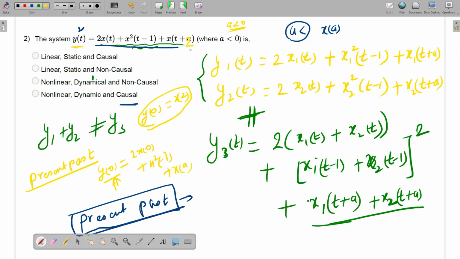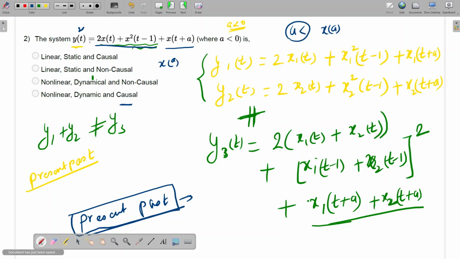Is it clear? a is less than 0, so less than 0 means past value only. So the output is depending only on the present and past, then it will be causal. If it is greater than zero, it means future.